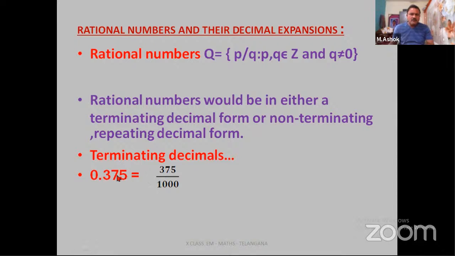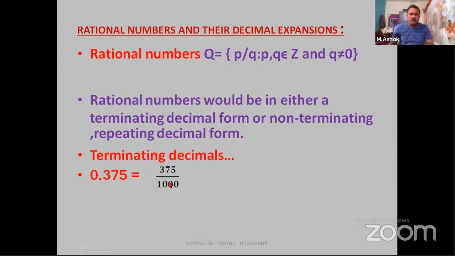Already we learned how to write decimal form into fraction form. Remove the decimal point, write as is in the numerator 375, and in the denominator put 1. How many digits are there? 1, 2, 3. Put 3 zeros. So 0.375 equals 375 by 1000. If you divide 375 by 1000, you will get 0.375.